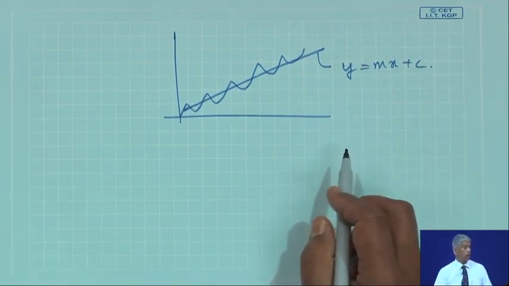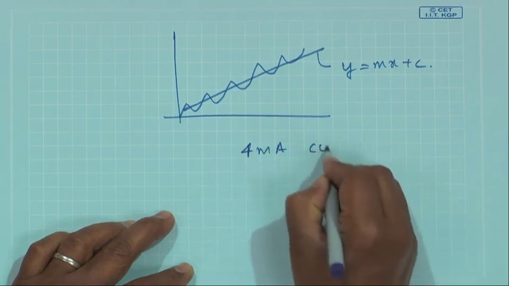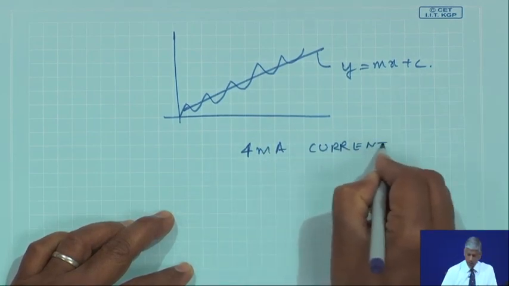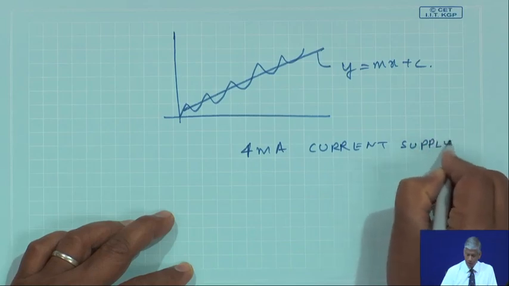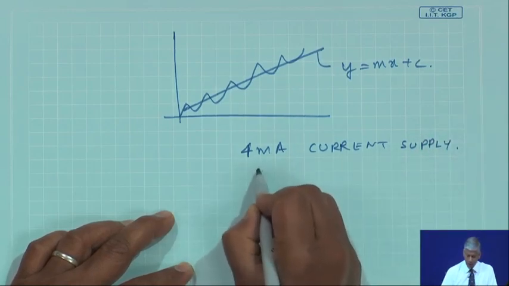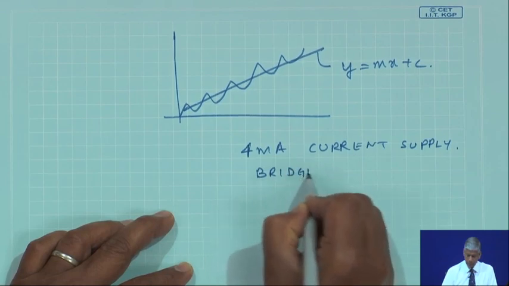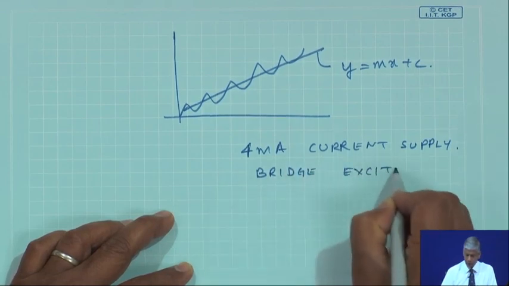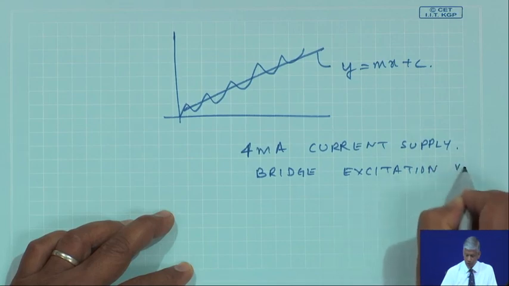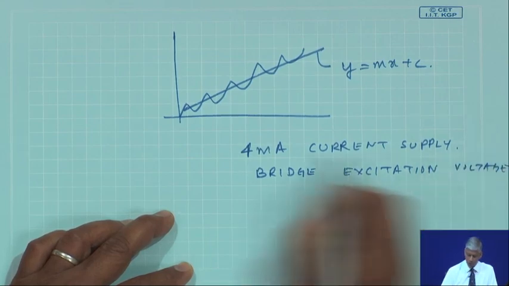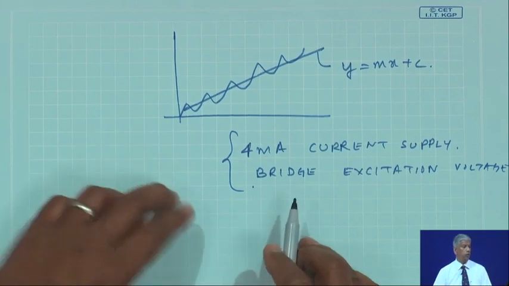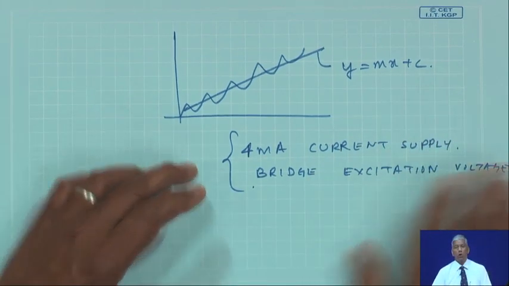In some of the signal conditioning, when we talk about transducers, you will see that some of these transducers require a 4 milliampere current supply, or, like in the case of a strain gauge, a bridge excitation voltage. So, these also need to be provided by the signal conditioner, which is connected to the transducer, so that we have a meaningful output from the transducer.